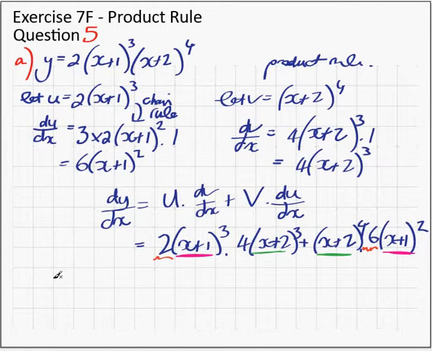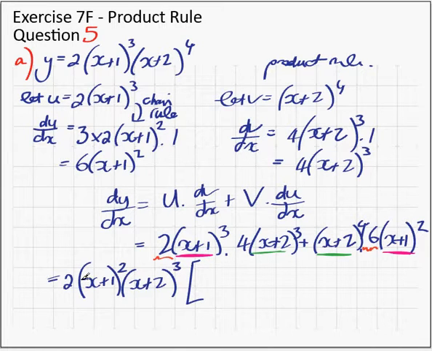So bringing that all together, if I take out a factor of 2, as well as (x plus 1), I've got 3 here and 2 here, so I'll take out squared. I've also noticed that I've got (x plus 2) common, and the most I can take out of that is 3. What am I left with? This 2 I've used, (x plus 1) squared I've used, so I've left with an (x plus 1), times the 4, and all of that I used.